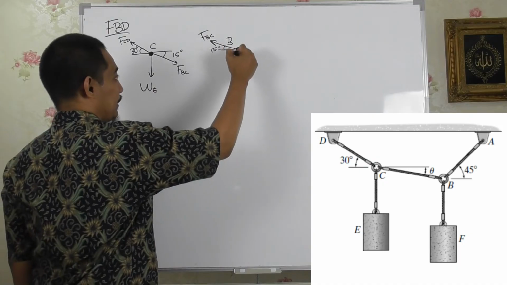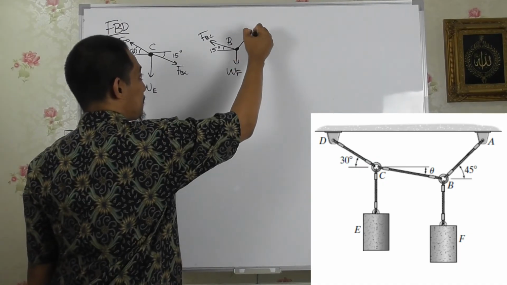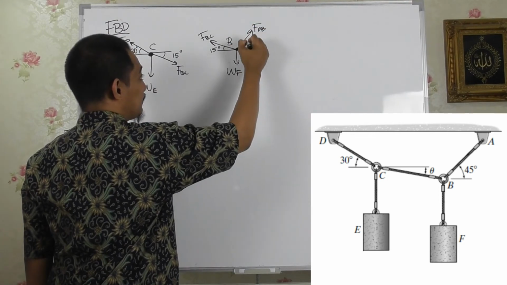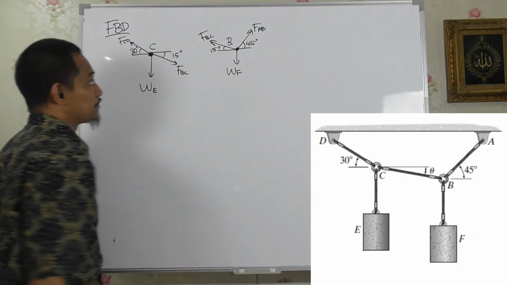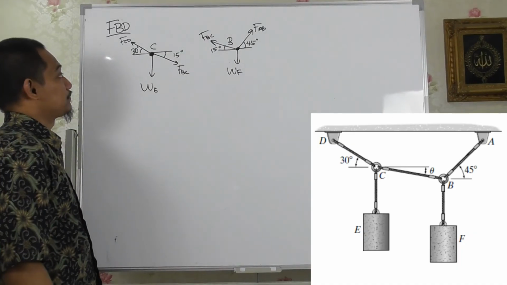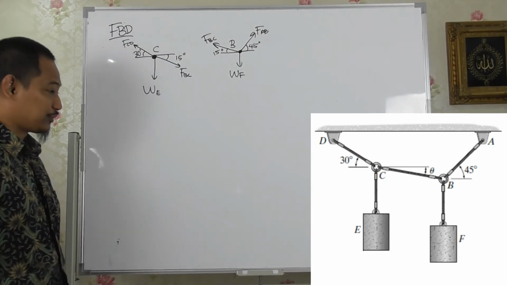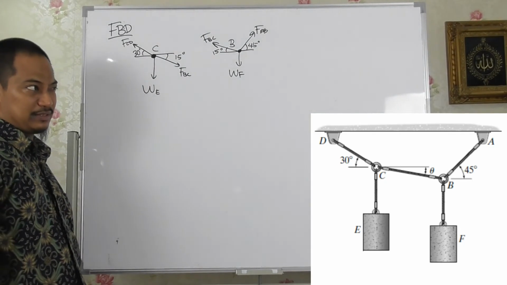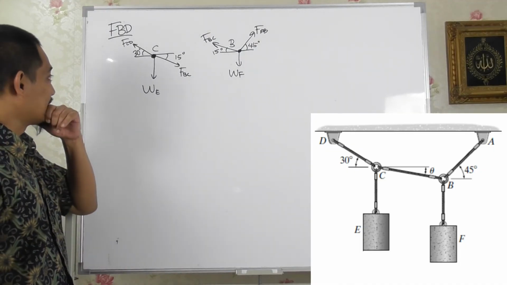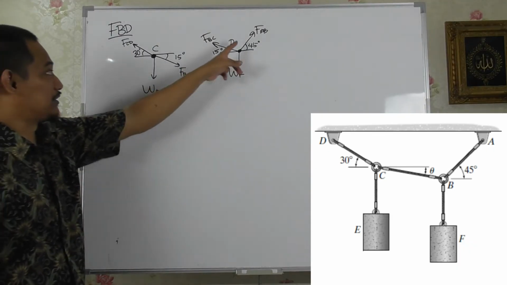And then we have weight of F, and then FAB at 45 degrees. Okay, that is the free body diagram. Right now we want to relate the forces. Of course, fortunately, this one should be a bit shorter than the previous question, because we do not have as many forces or cables. We only have 1, 2, 3, right?